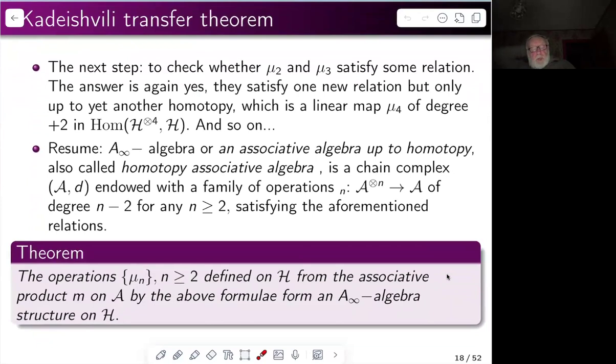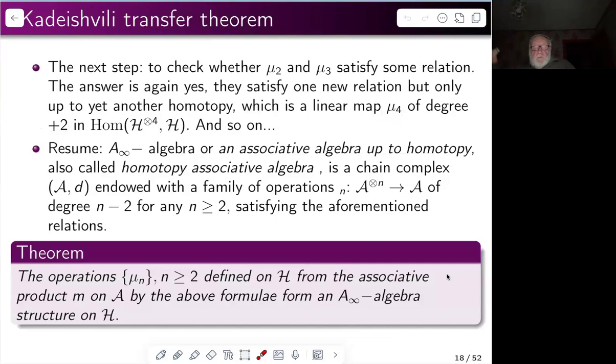And this compatibility says that it is possible only if there is an additional relation. But this additional relation is again not exact, but up to homotopy. And it means that we introduce another linear map, mu4, in Stasheff's definition, of degree plus 2. Now it is an element in Hom of H tensor 4 to H, and so on.